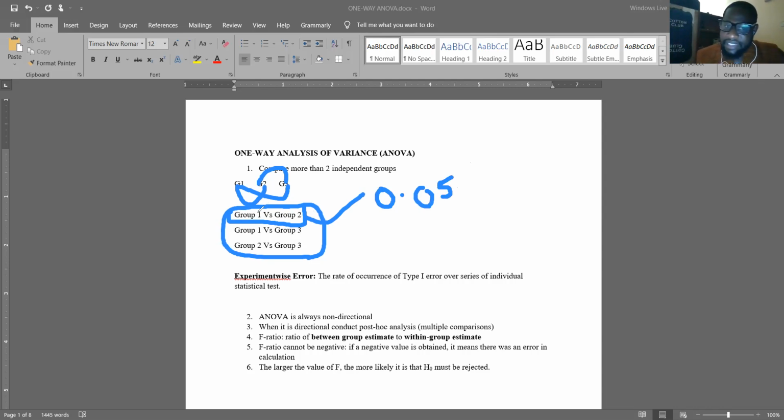So you use independent t-test, run this separately. You had 0.05 error. Group 1 and 3, you also had 0.05 error. Group 2 and Group 3, you had 0.05 error. So it means since you ran 3 independent t-tests, you had an error which was around 0.15.